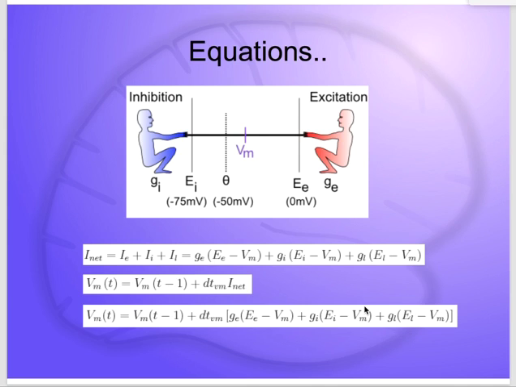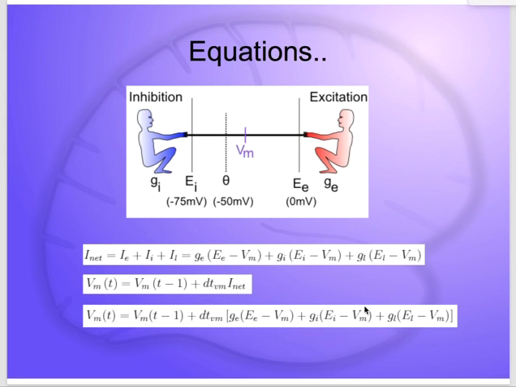If you pull it apart into the equations, what's important is that the current, or the flow of ions into and out of the cell, can be viewed in that top equation as the excitatory current, which will be things like the sodium ions moving into the cell, I sub I, which is the inhibitory current, the chlorine ions moving into the cell, and I sub L, which is the leak current, the potassium ions moving out.